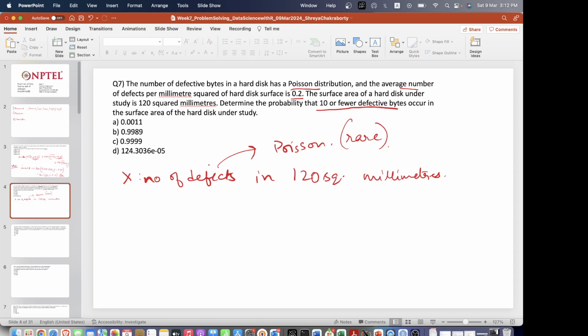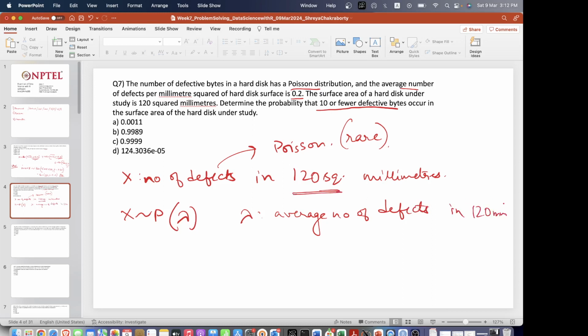So X follows Poisson lambda, where lambda would be the average number of defects in this area under consideration, 120 millimeter square. Now, what will be our lambda?